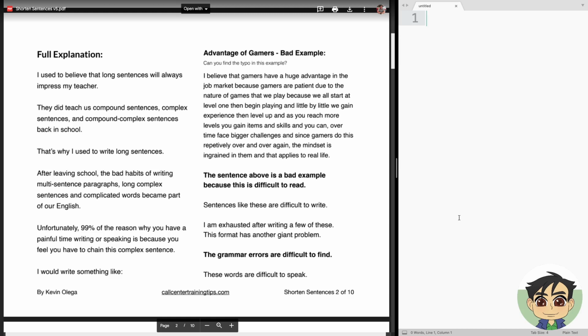I would write something like this. The advantage of gamers, bad example. I believe that gamers have a huge advantage in the job market because gamers are patient due to the nature of games that we play. Because we all start at level 1, then begin playing, and little by little we gain experience, then level up as we reach more levels.